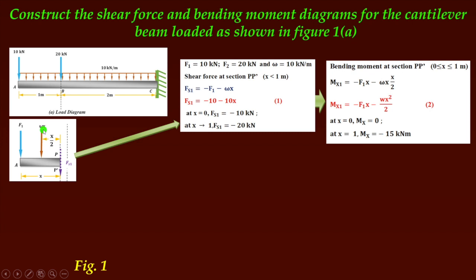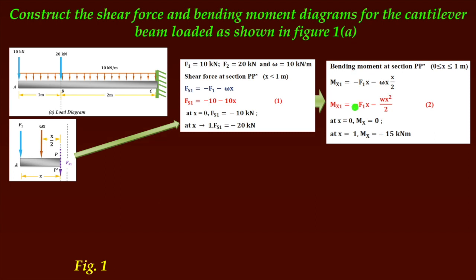Similarly, omega x, under the action of omega x also, the beam tends to rotate in anti-clockwise direction about point P. So it is also negative. So omega x and distance x by 2. So now we are getting the moment equation for this section PP dash, means in between A and B.